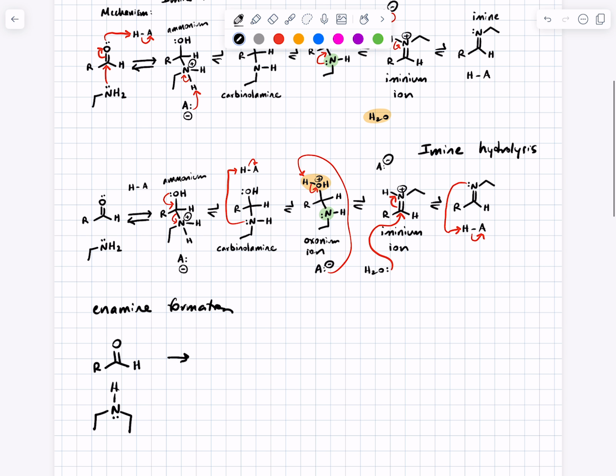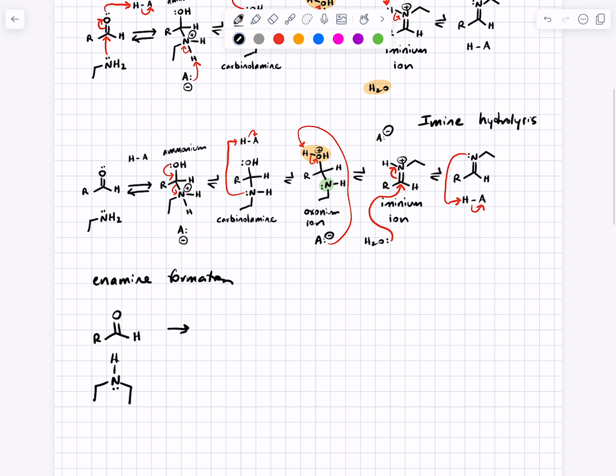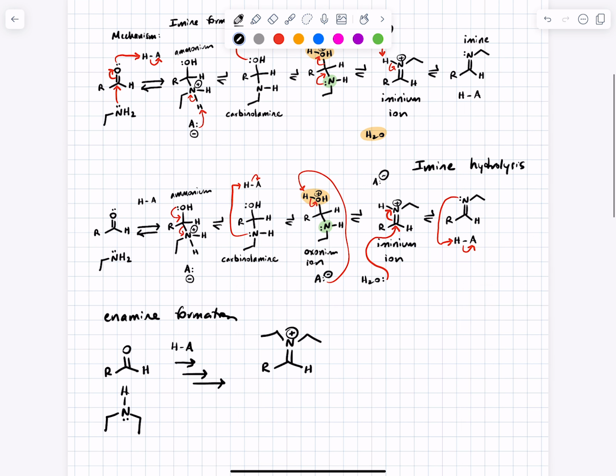Every time I do this, students hate it, but I'm going to do it anyway. It would be a good exercise for you to use what we've drawn above to get all the way to the iminium ion. I'm not going to repeat that because it's above, and all you have to do is just repeat it, only the nitrogen's got 2 R groups on it. So get all the way to the iminium ion.